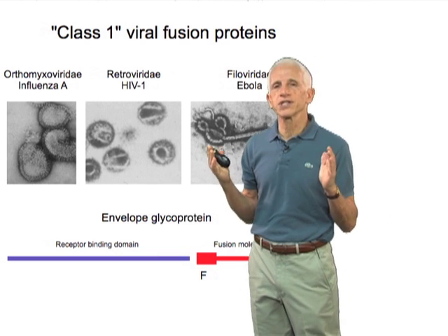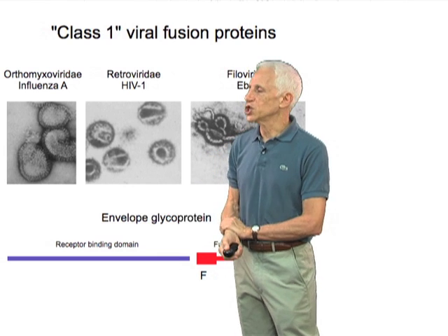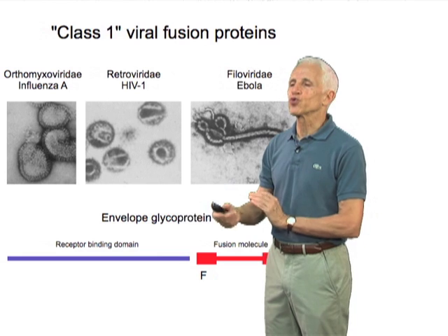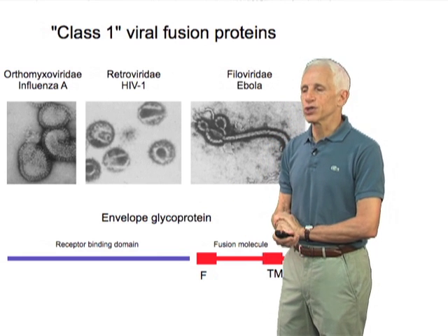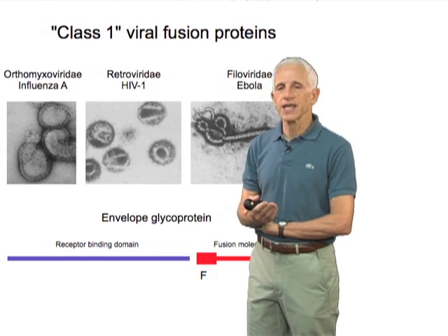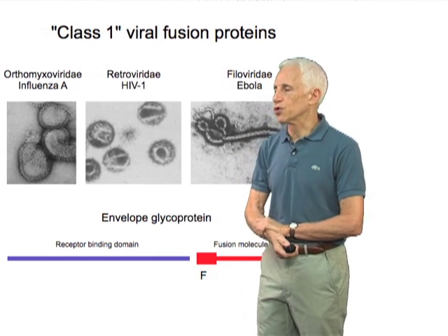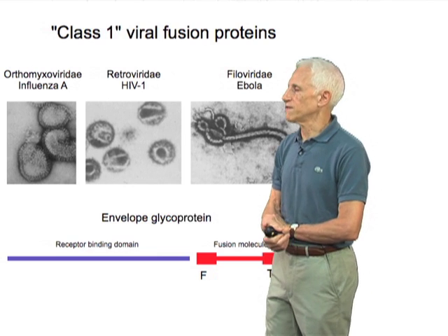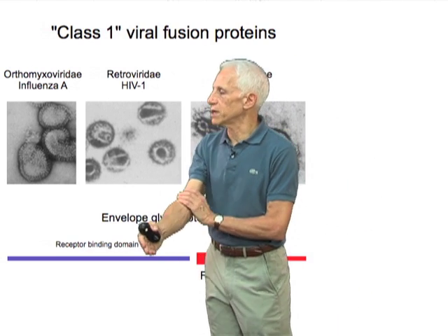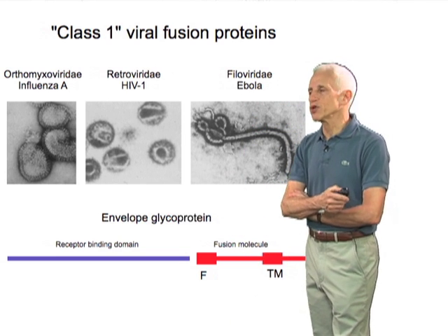These proteins are synthesized as a precursor, which is cleaved usually en route to the cell's surface by a protease in the late compartments of the secretory pathway, furin, for example, into an N-terminal element, which is usually a receptor binding domain.